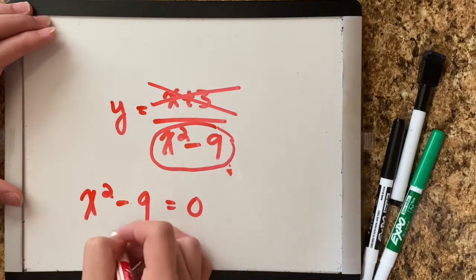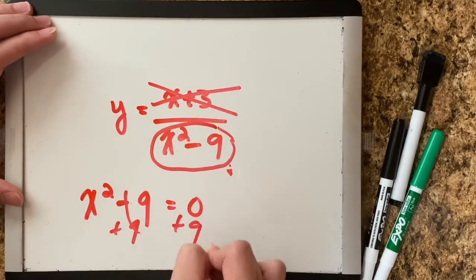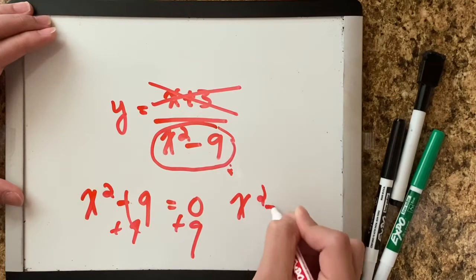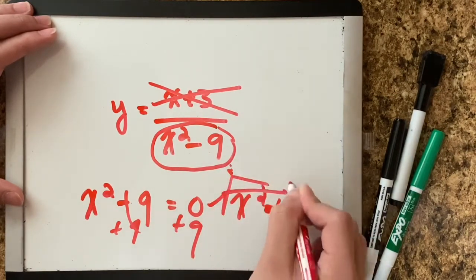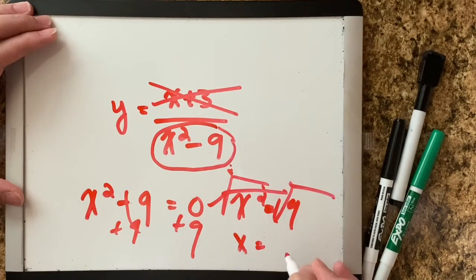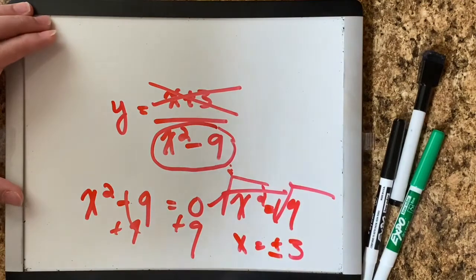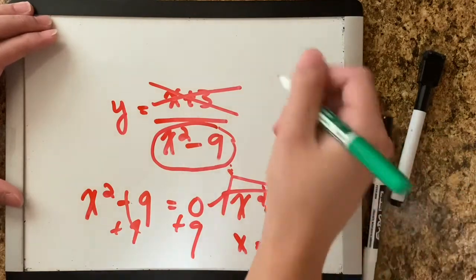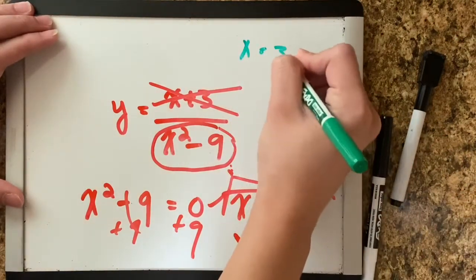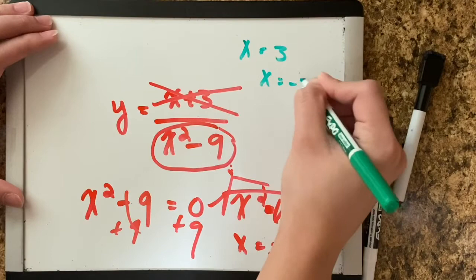So isolate the variable, plus 9 on both sides. X squared equals 9. Take the square root. X equals positive or negative 3. So this means that your vertical asymptotes will be at x equals 3 and x equals negative 3.